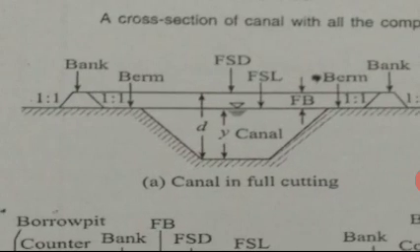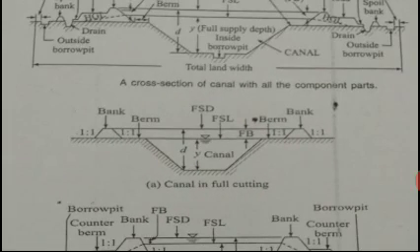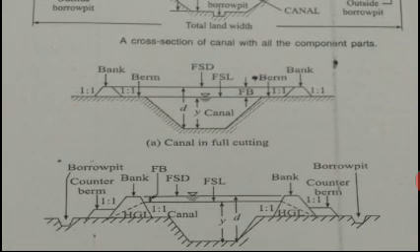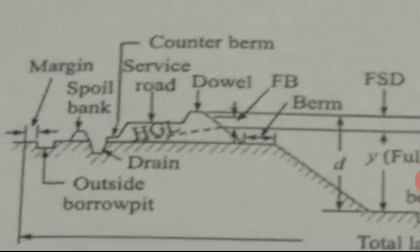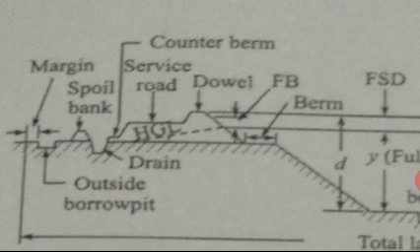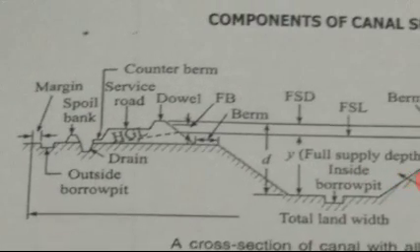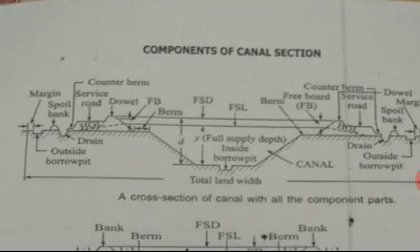And next is the freeboard. Freeboard, you can see freeboard FB. It is the vertical distance between the FSL of the canal and the top of the bank.